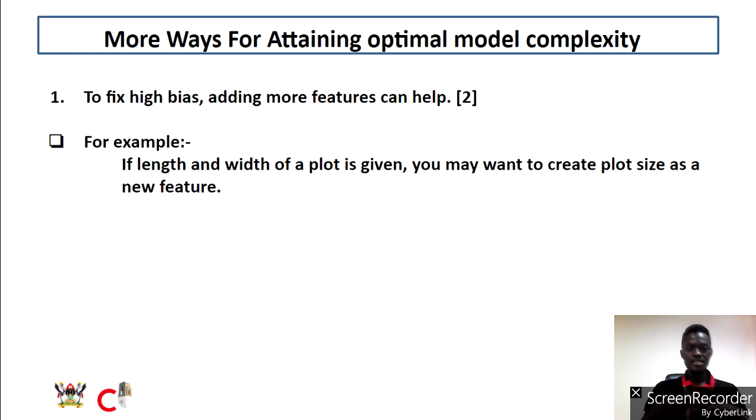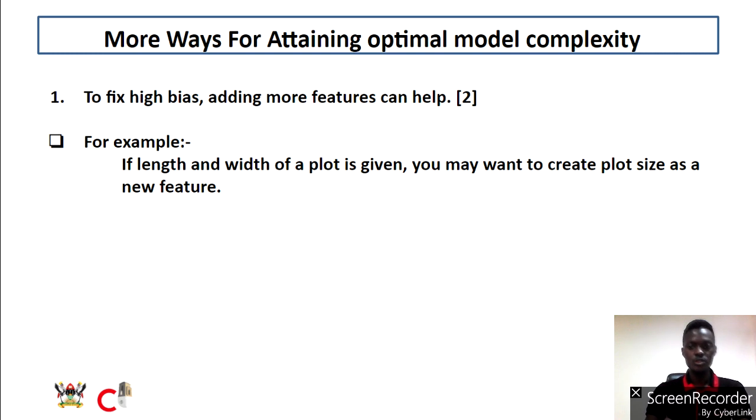So what are some of the other ways? We have already looked at hyperparameter tuning as one of the ways of attaining optimal model complexity, which is about choosing a set of optimal hyperparameters for fitting the algorithm. We've also looked at regularization, which is a technique used in reducing overfitting by discouraging complex models in some way. So what are some of the other ways?